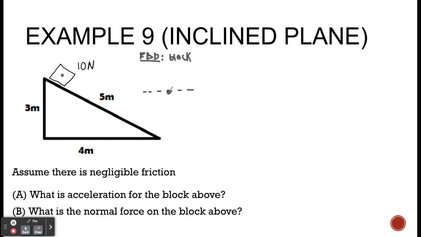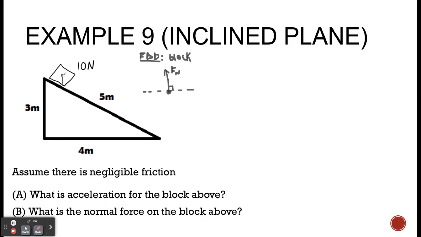Forces are acting on our block here. We have the normal force, or the force of the surface, which is going to be perpendicular to that surface. There is no force of friction, so we're not going to have friction in the x or the y.